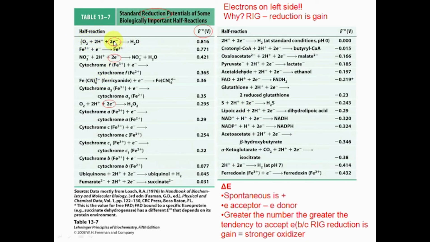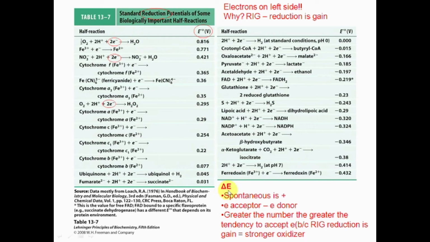Note that the electrons are always on the left side. Why? Remember, reduction is gain. These are reduction potentials, so we should show a gain of electrons, which would mean we put it on the reactant side.